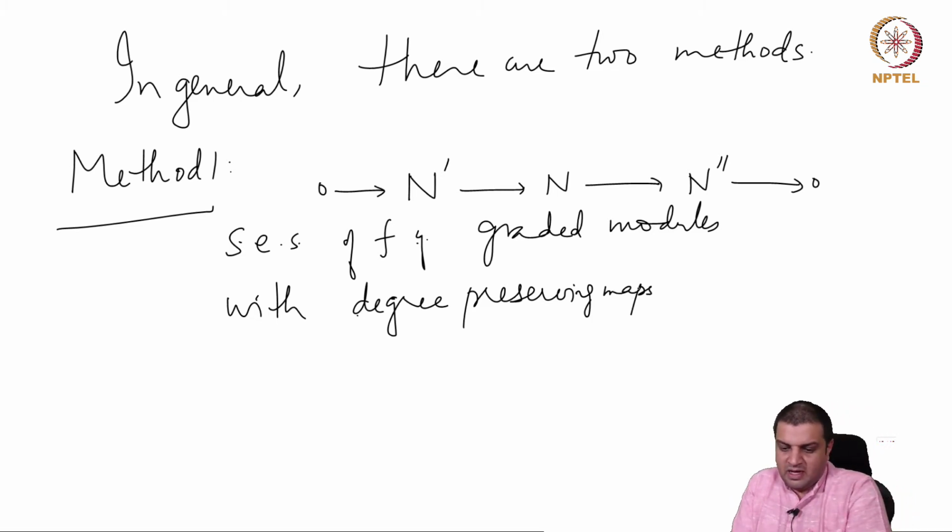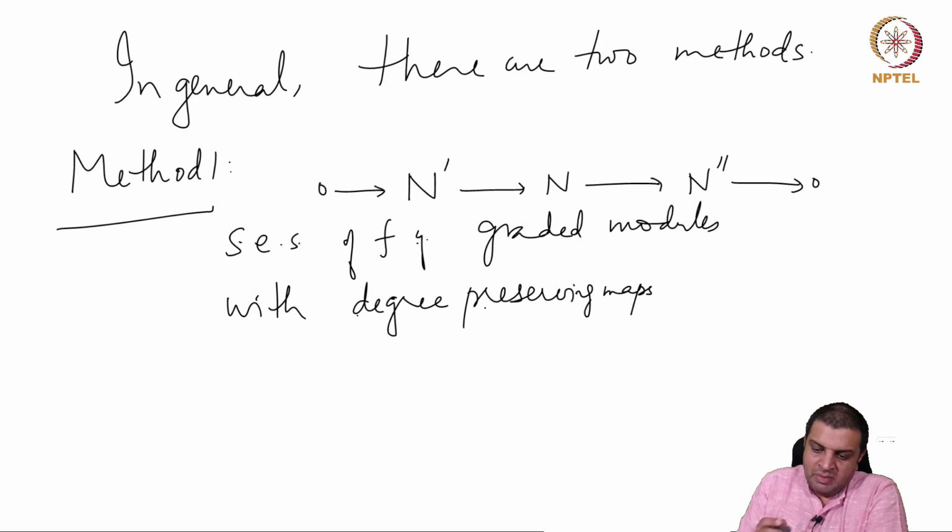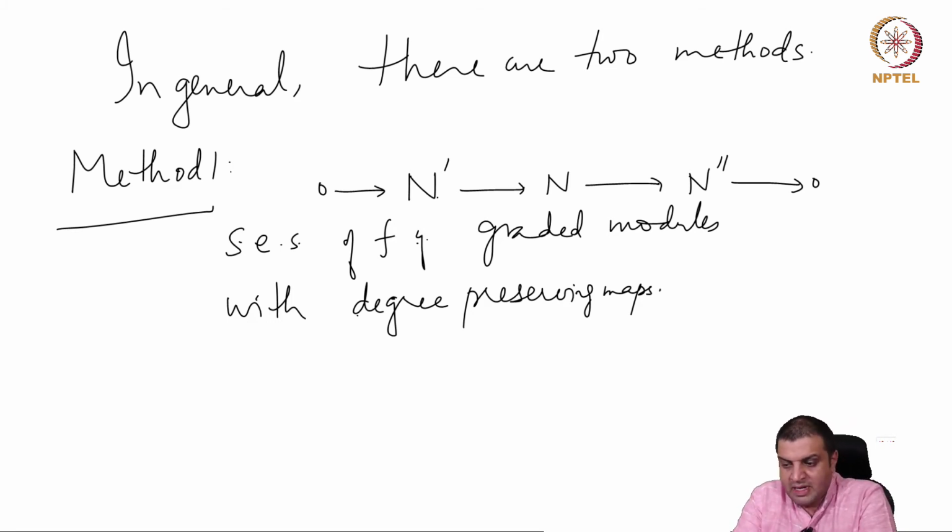Hereafter I might just say short exact sequence of graded modules, and it will be understood that by default we shift these modules by some degree so that the maps are all degree preserving. Okay, so we want to say that if we know the theorem for N' and N'', then we will know it for N. How we will know it for N' and N'' is a different question, but let's do that.